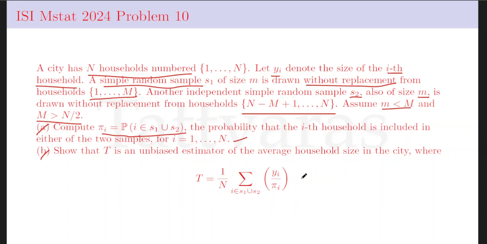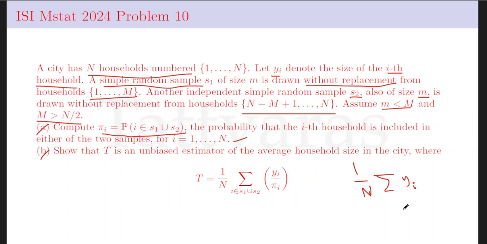So we have to show that this is an unbiased estimator of the average household size, that means 1 over n summation yi, right? So we have to show that this is an unbiased estimator of this quantity.